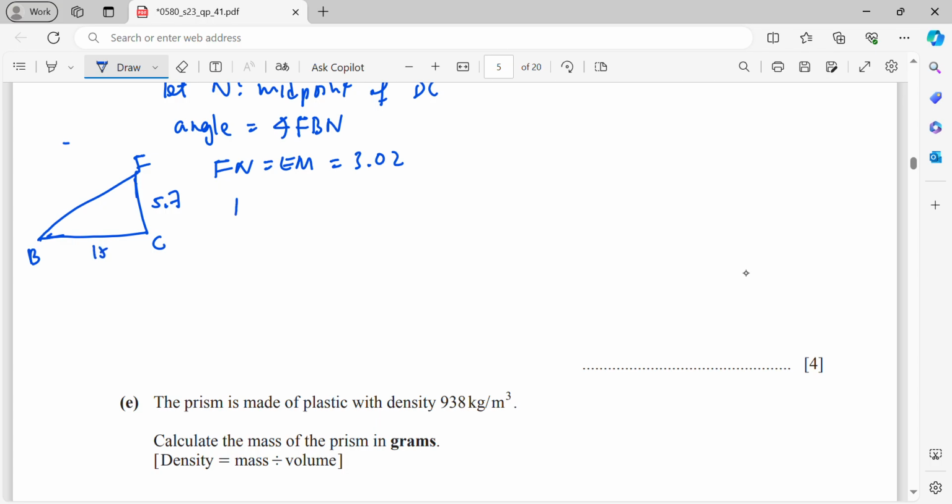So BF is the square root of 5.7 squared plus 15 squared, which gives the square root of 257.49. I don't want to round up because this is not yet my final answer.